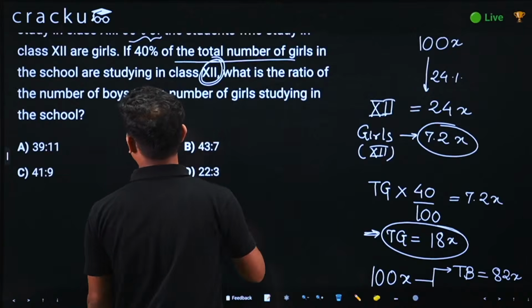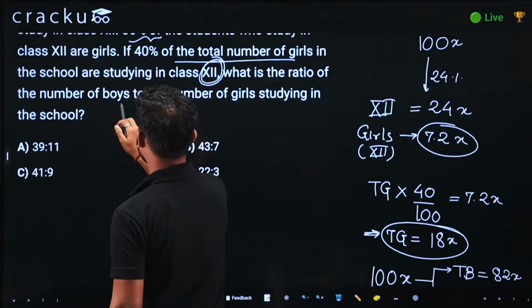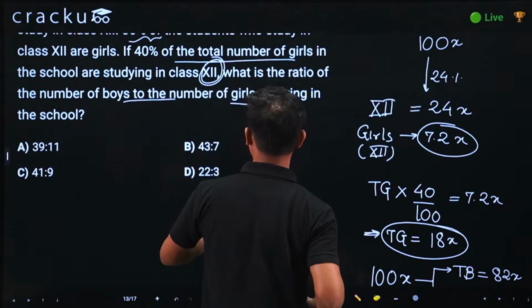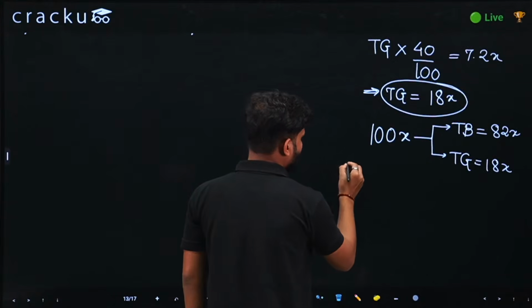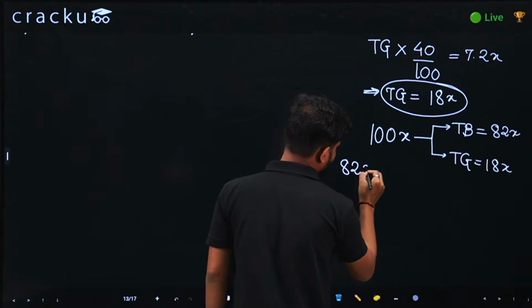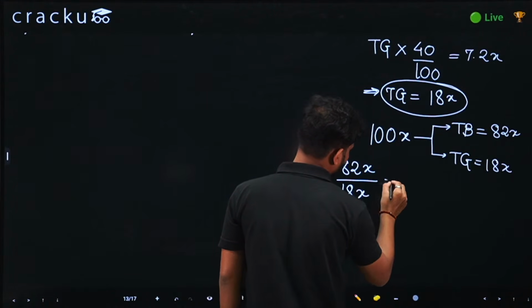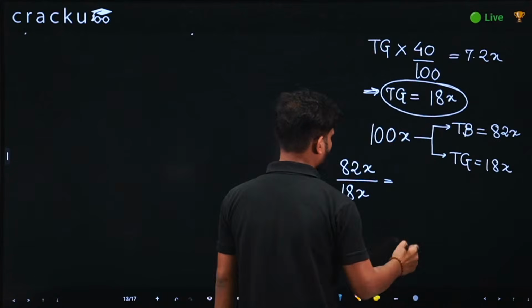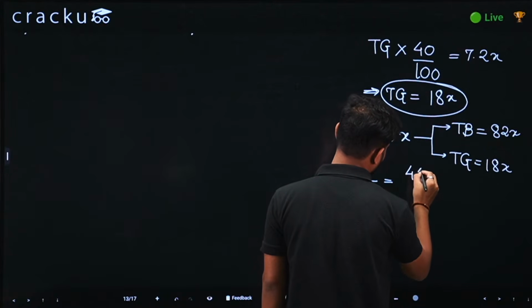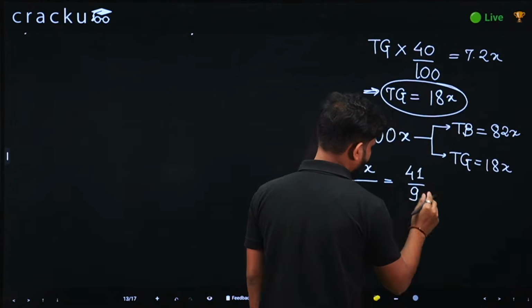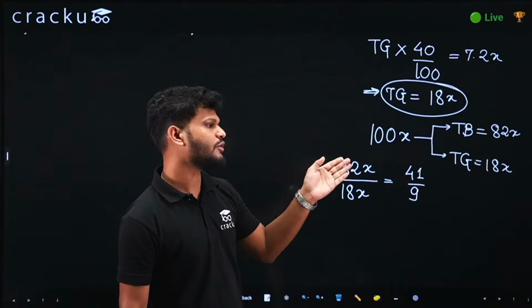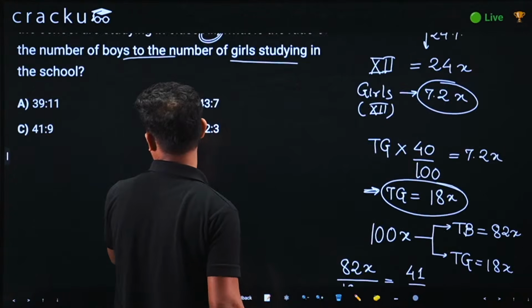We are asked the ratio of the number of boys to the number of girls in the school. The number of boys is 82x, the number of girls is 18x. Just divide by 2, you will get 41 by 9.